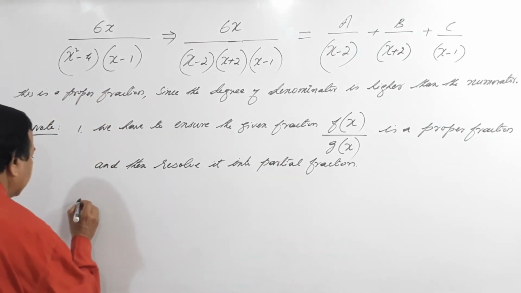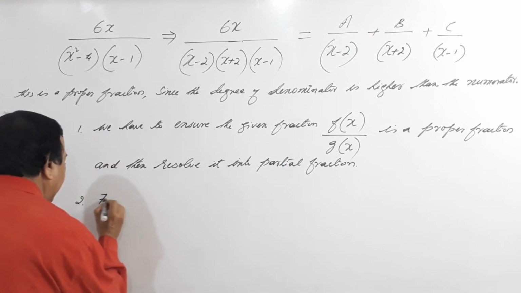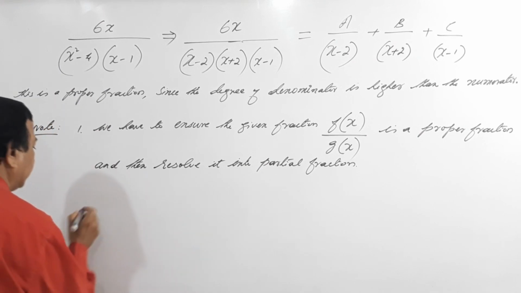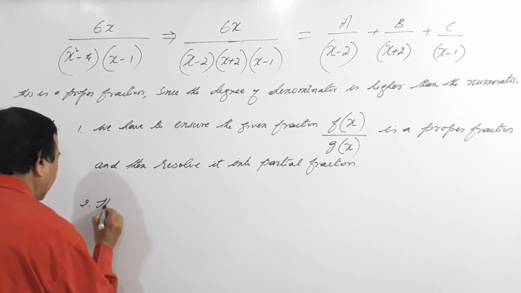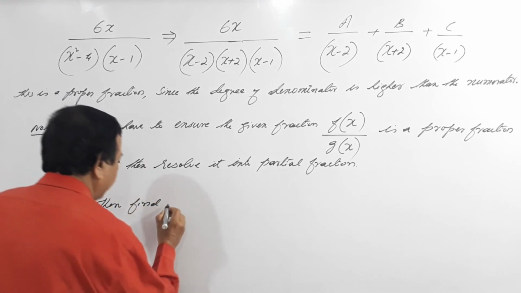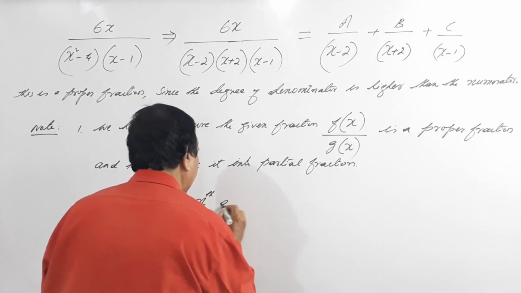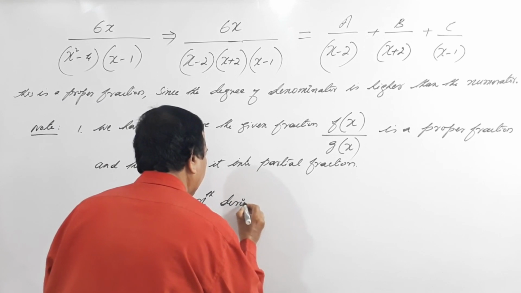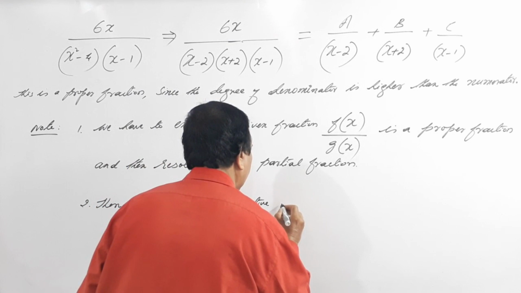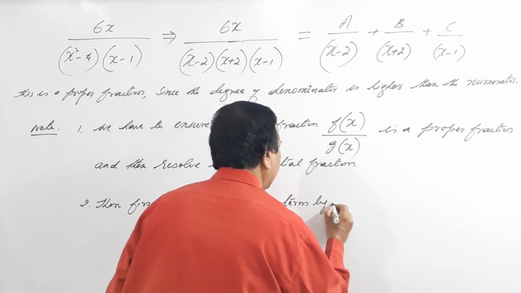Next, number 2, then find the nth derivative term by term.